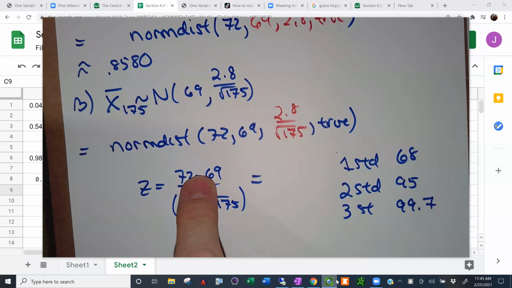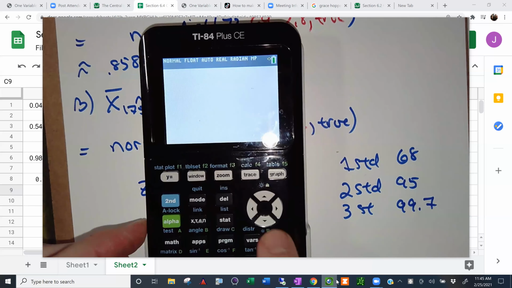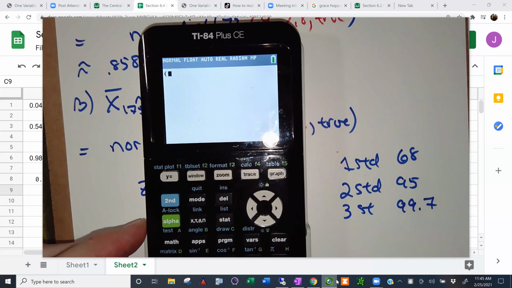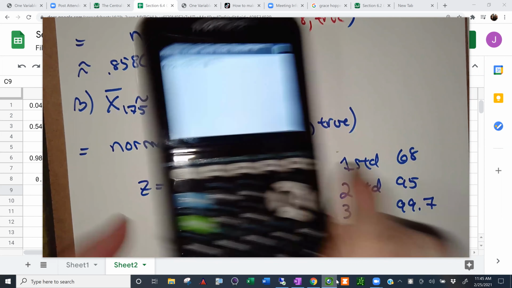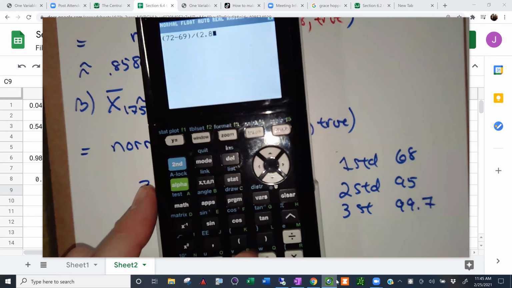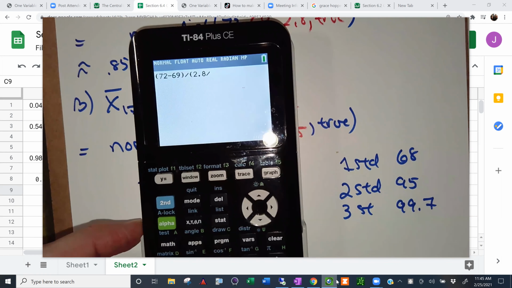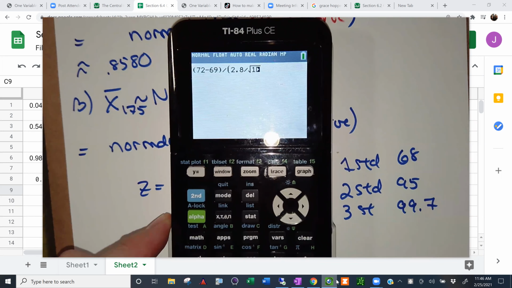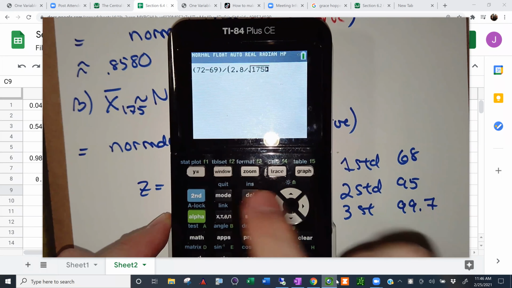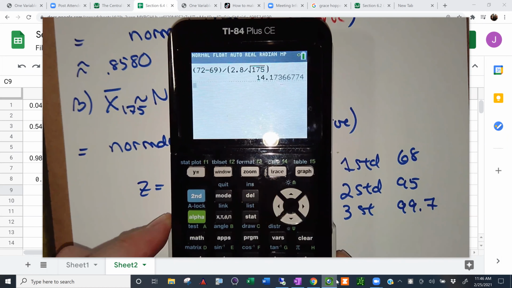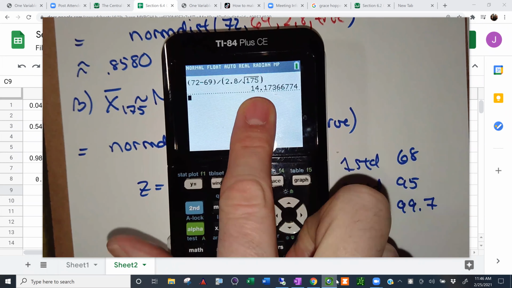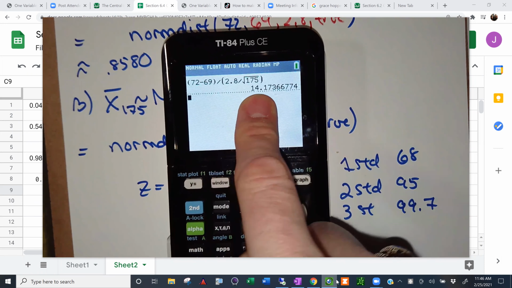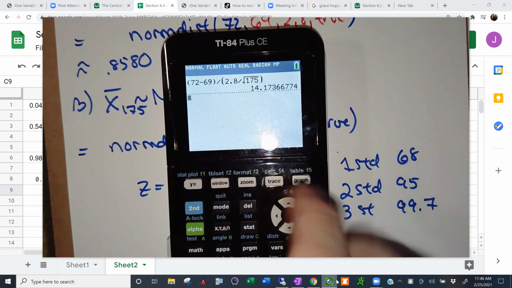So let's see, I'll just do it all out. Parentheses 72 minus 69, divided by parentheses 2.8 over the square root of 175. Wow. You're 14 standard deviations away from the mean with that number.